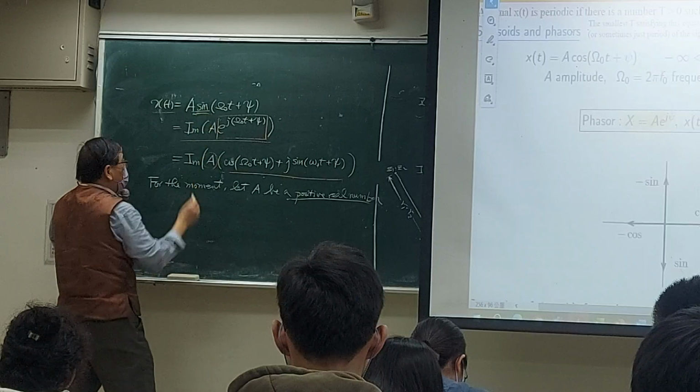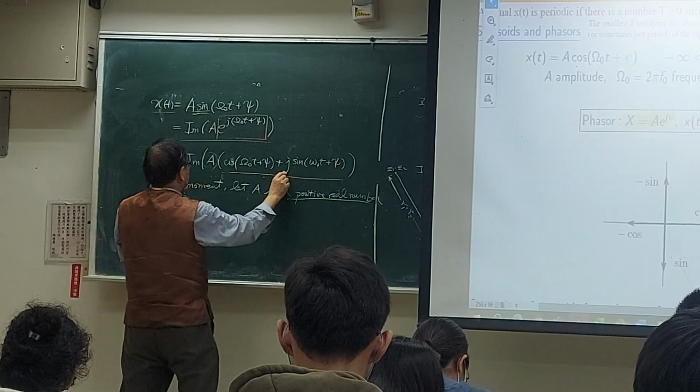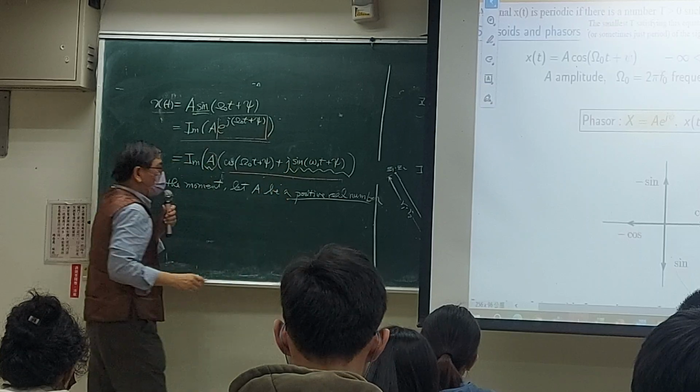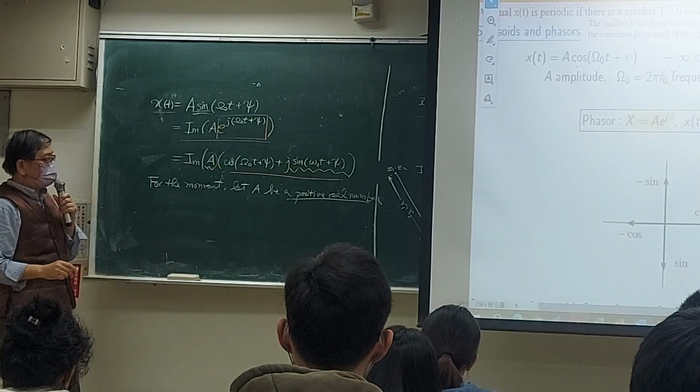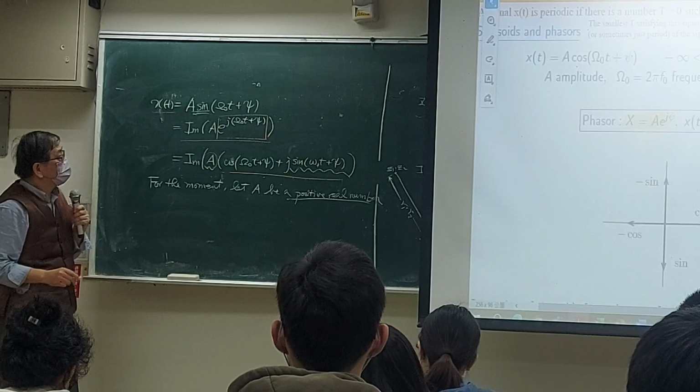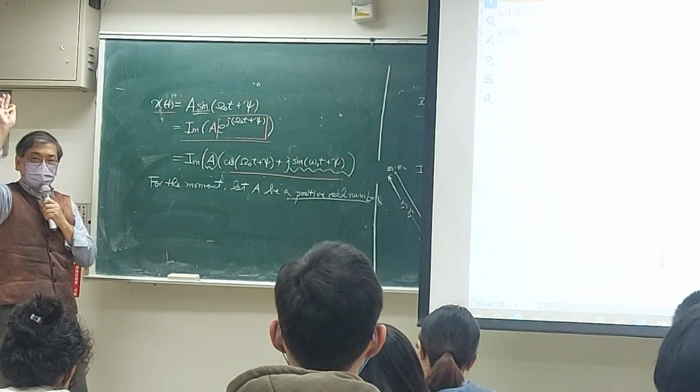If you look at the imaginary part, that gives A times sine of omega sub 0 times t plus psi. Got it? Any question up to this moment?